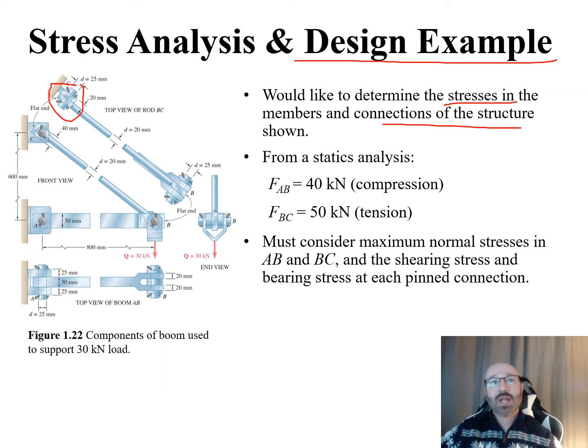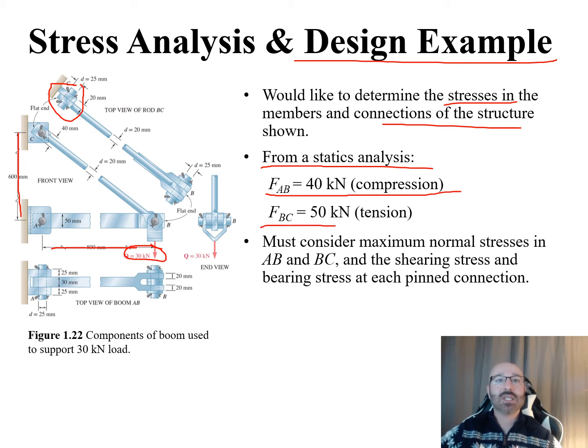From our static analysis, we can come up with the following relationship. We do all our free body diagrams, take a look at our summations of forces and moments. We know our distance over here, we know this distance here, our external load right here. So we're able to go through our statics as we've seen in the previous example problem and calculate our F sub AB and determine it's in compression, and our F sub BC and determine that it is in tension.